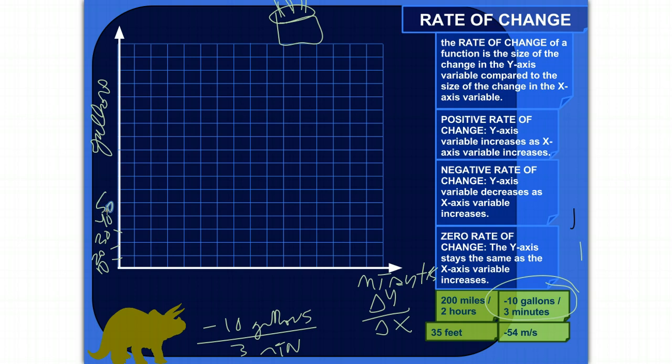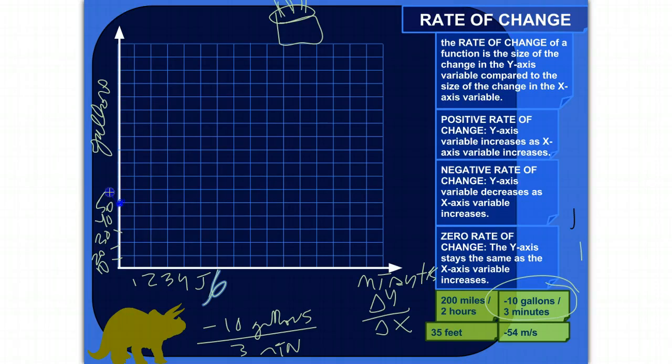And minutes are going by 3, so we'll be able to see it if we do minutes like this: 1, 2, 3, 4, 5, 6. Okay, so let's just say I'm starting at 50 gallons.